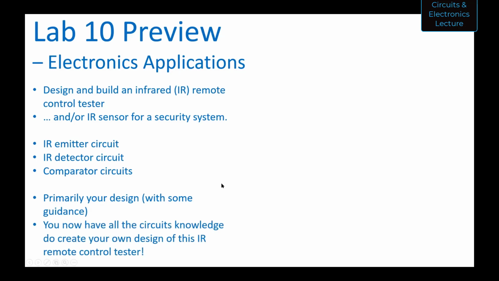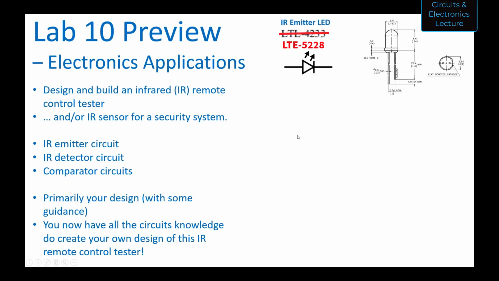So you actually now have all the circuits knowledge and electronics knowledge that you need to create your own design of this infrared remote control tester, and I'll show you what I mean. So let's take a look at some of the components you'll be using. You're going to be using an infrared emitter LED. So this is essentially a diode.